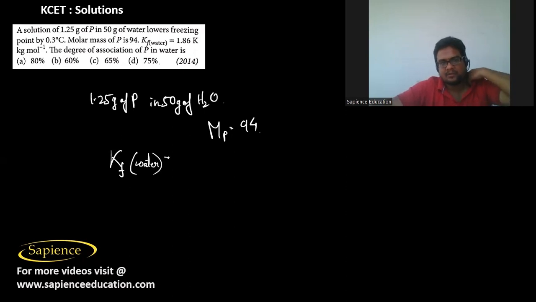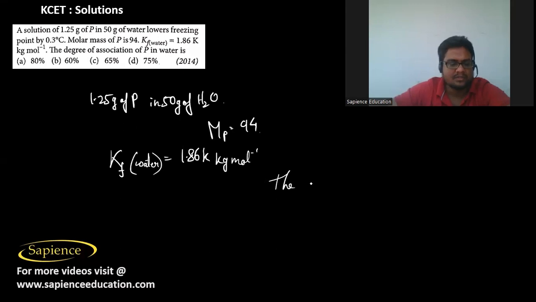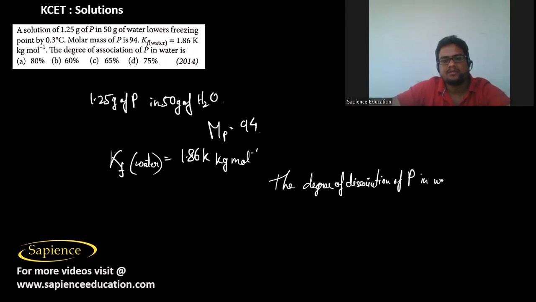So the Kf for water is 1.86 Kelvin kg per mole. The degree of dissociation of phosphorus in water is. So the degree of dissociation of phosphorus that is asked. The degree of dissociation of phosphorus in water. That will be how much?